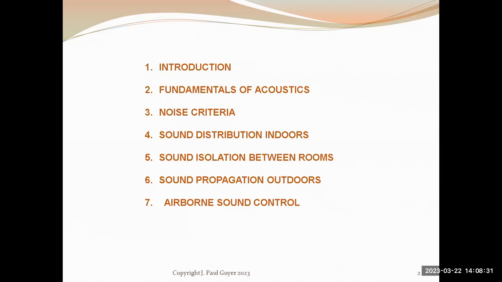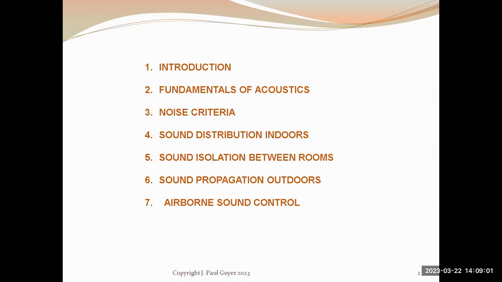And in chapter 4, I'll talk about sound distribution indoors inside a building, because that's basically what we're talking about. I'll talk about sound isolation between rooms, because that's what you're doing with noise control in a building, is you're separating the noisy room, if you will, from the quiet room.